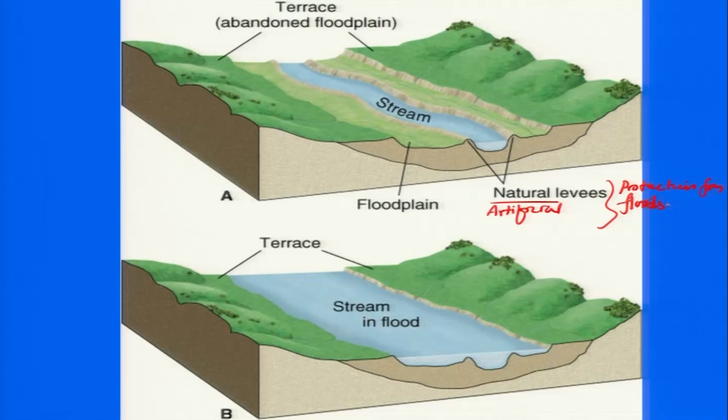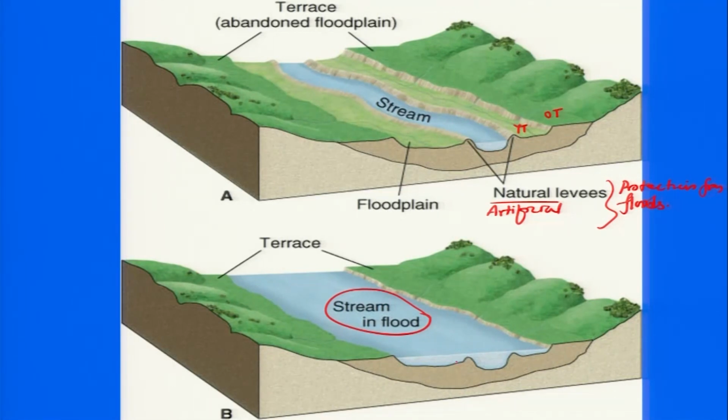When the stream is in a flooding state, if the water depths are so high that it can inundate the nearby floodplains or terraces, which we also term a younger terrace and an older terrace, or a younger alluvium floodplain and an older floodplain.